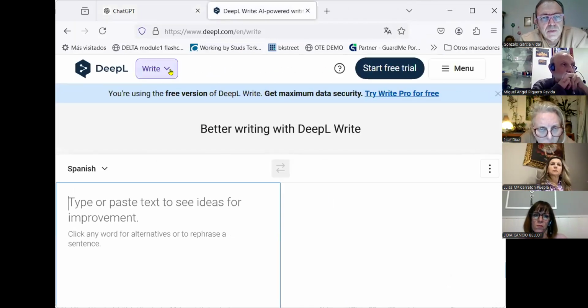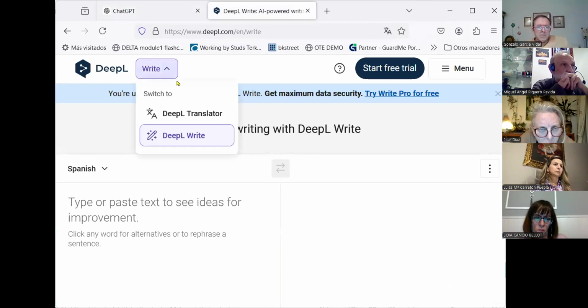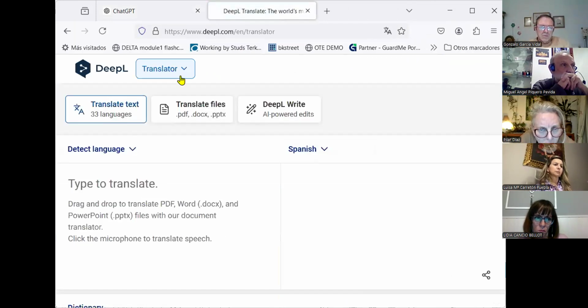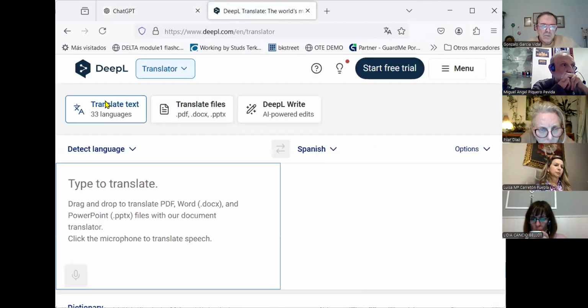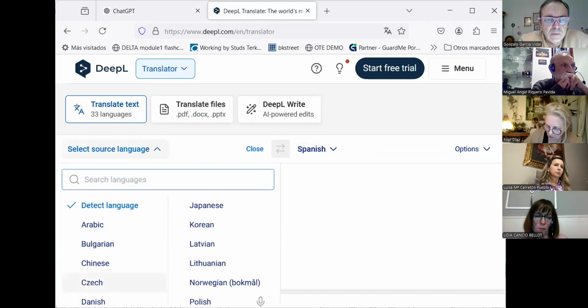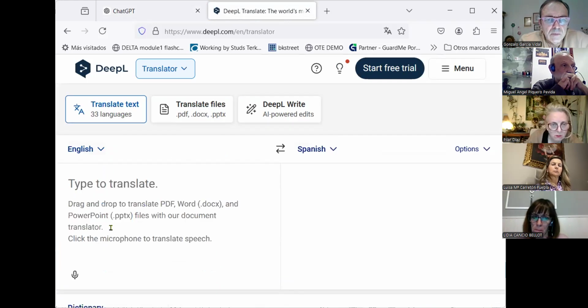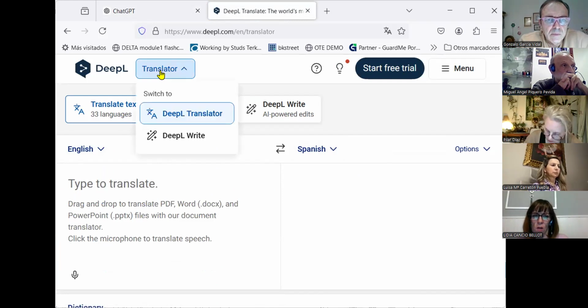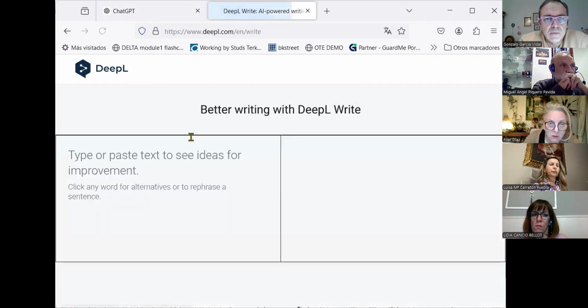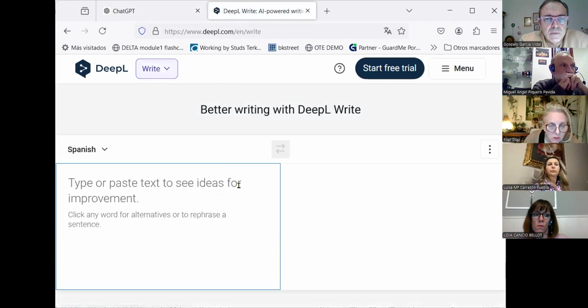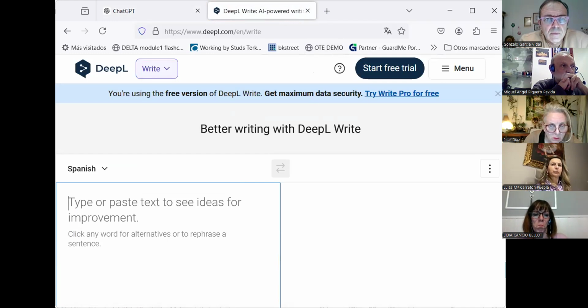Now, DeepL, if you can see here, it gives you two possibilities to translate text from English or Japanese, let's say, to Spanish. That's okay. But we're not interested in translating. What we're interested in is DeepL Write. So let's look at something from our text.